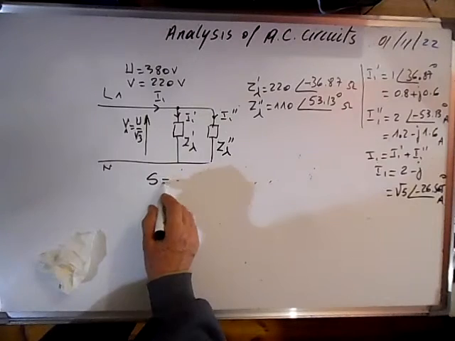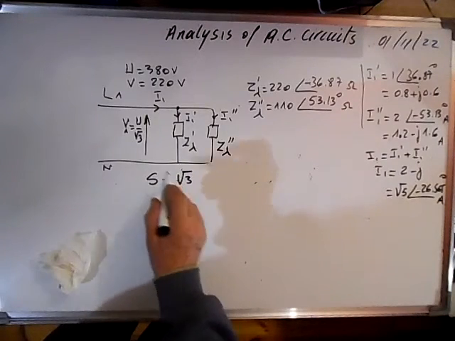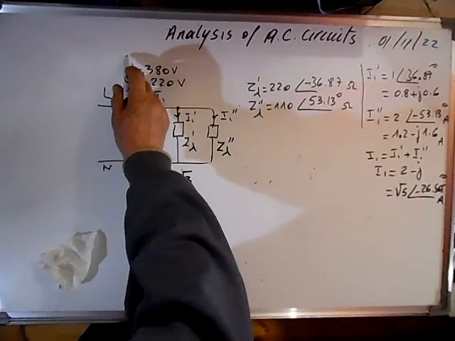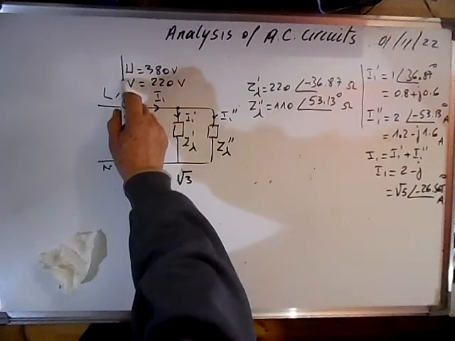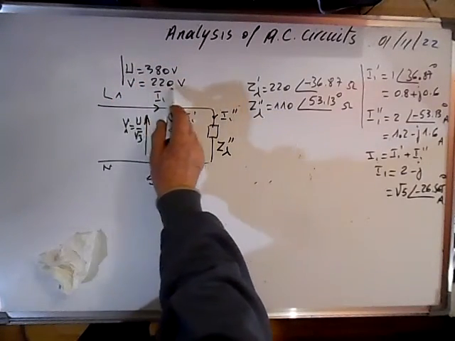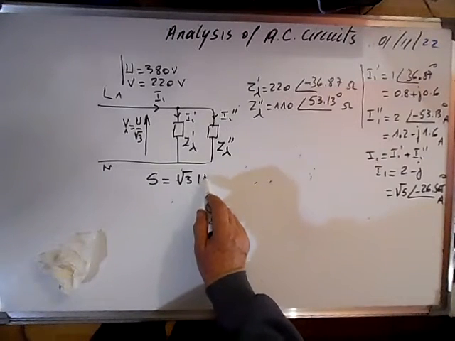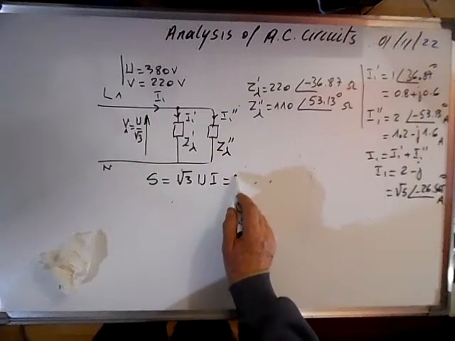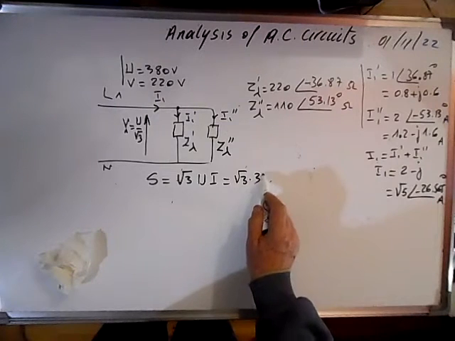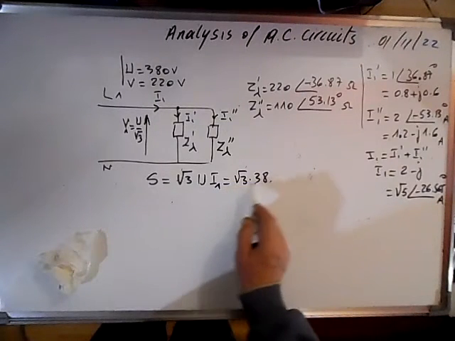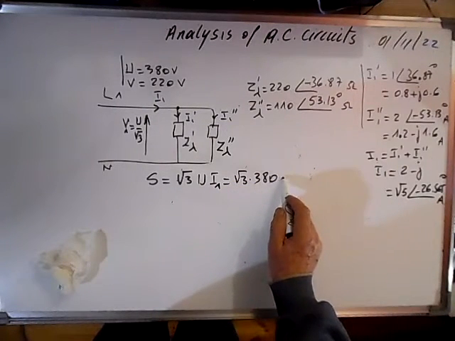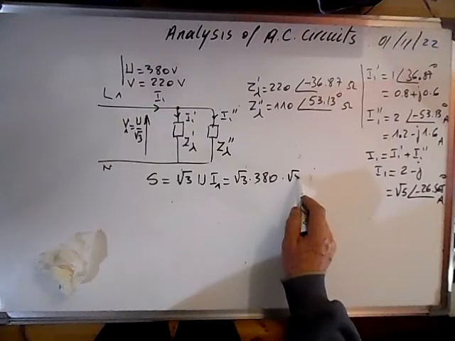We can calculate S, it's square root of 3. Remember that the line voltage is 380, phase voltage is 220. So this is it, square root of 3 times 380 times square root of 5.